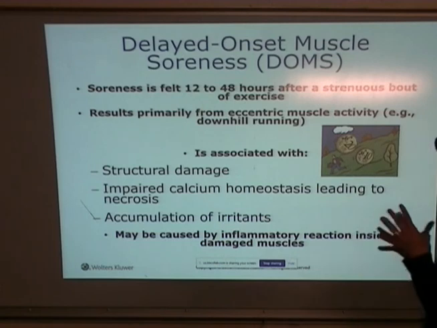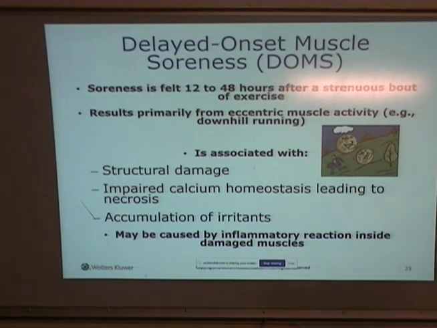So we have to be very careful how we set the program up early on, right? We can use lower intensities, right? Much less weight. We can emphasize the concentric part of the move and help them out with the eccentric part of the move.